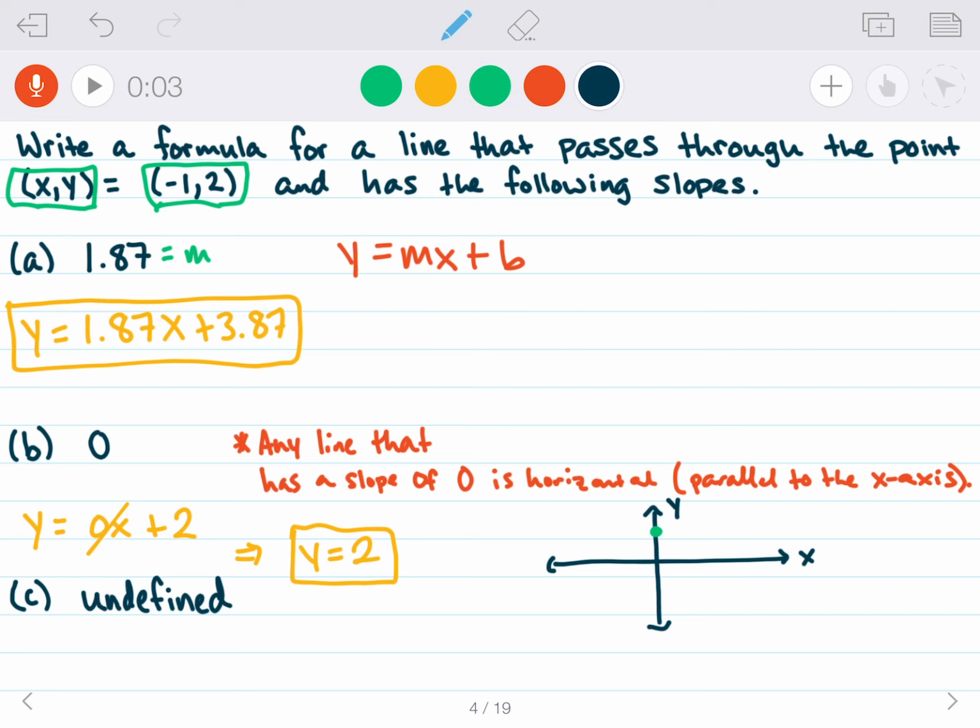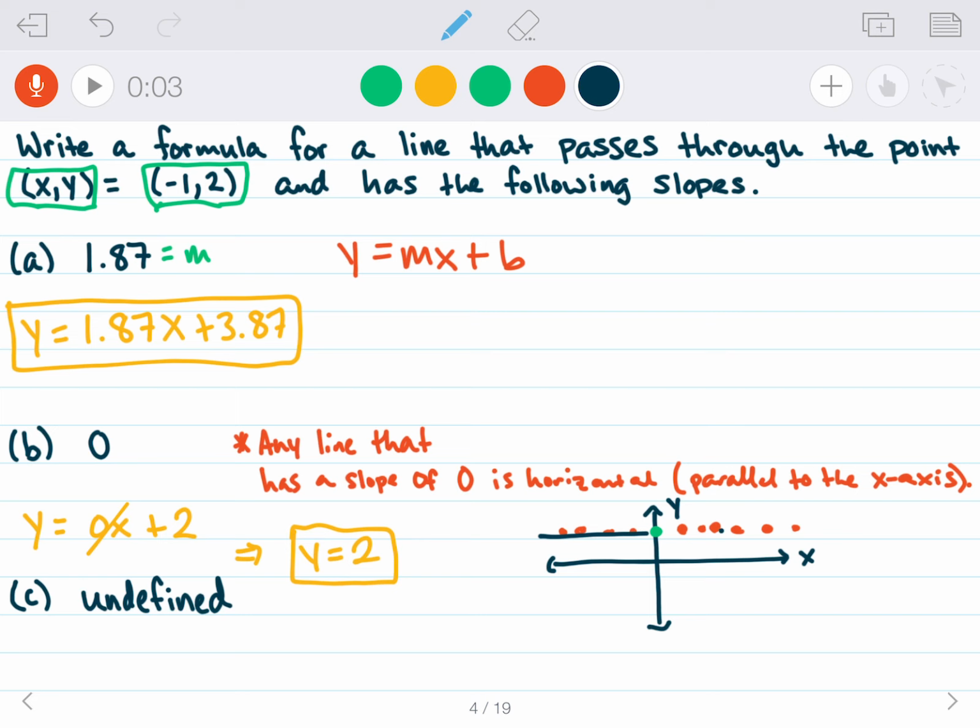The slope being 0 says we rise 0 and we can run however much we want in any direction. So we're not moving in the y direction. And what this amounts to is infinitely many points on this horizontal line, right? So this is the line.